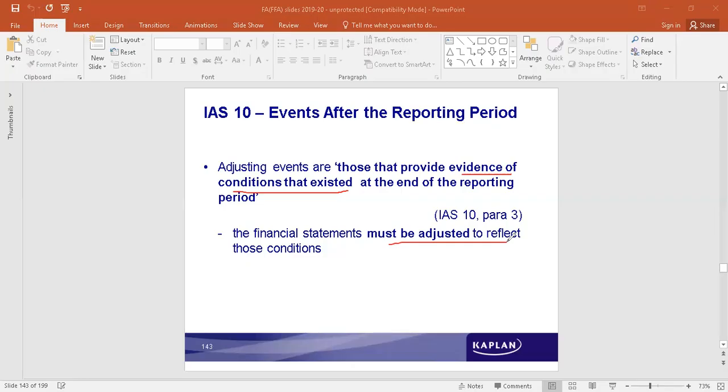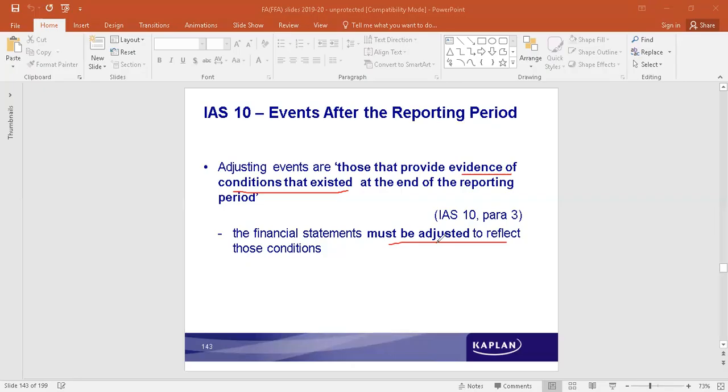So even if it is realized on the 2nd, 3rd, or whatever the date, if it happens to be before the preparation of the financial statements and there is evidence of conditions that existed, it would be included in the financial statements. It would be shown as if it had happened before March 31st.